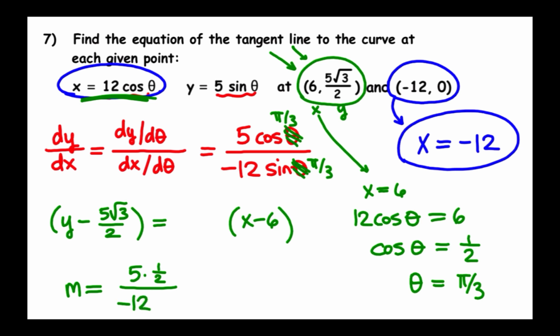But the sine, unfortunately, is rad 3 over 2. That's going to be 5/2 over negative 6 rad 3, which will rationalize into negative 5 rad 3 over 36. I'll put that into my answer and I'll be all finished.